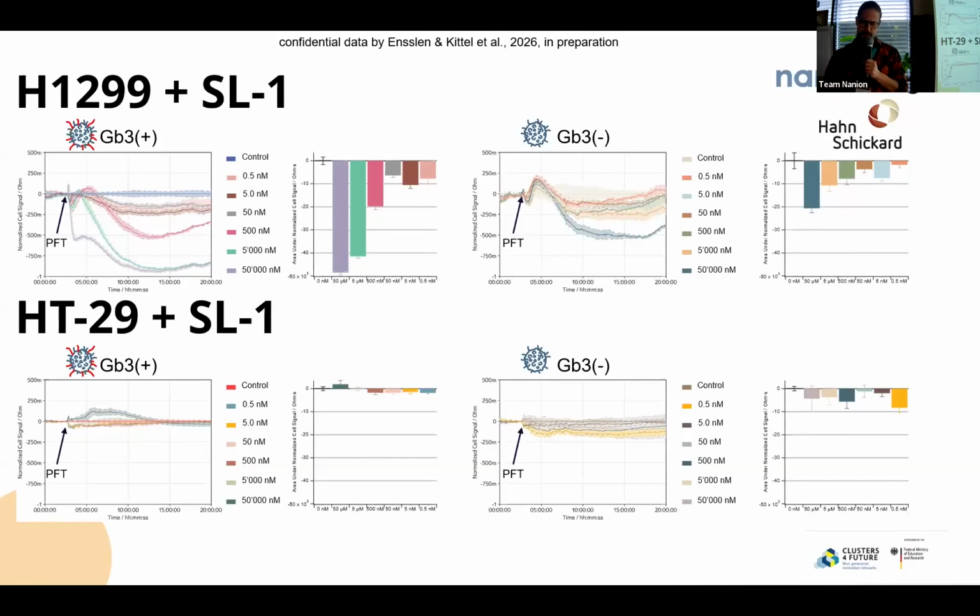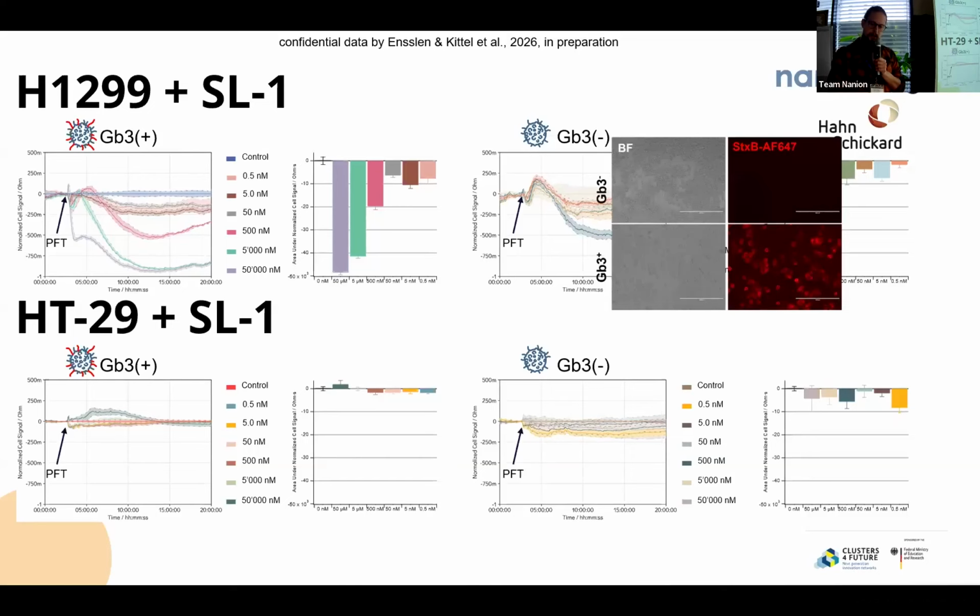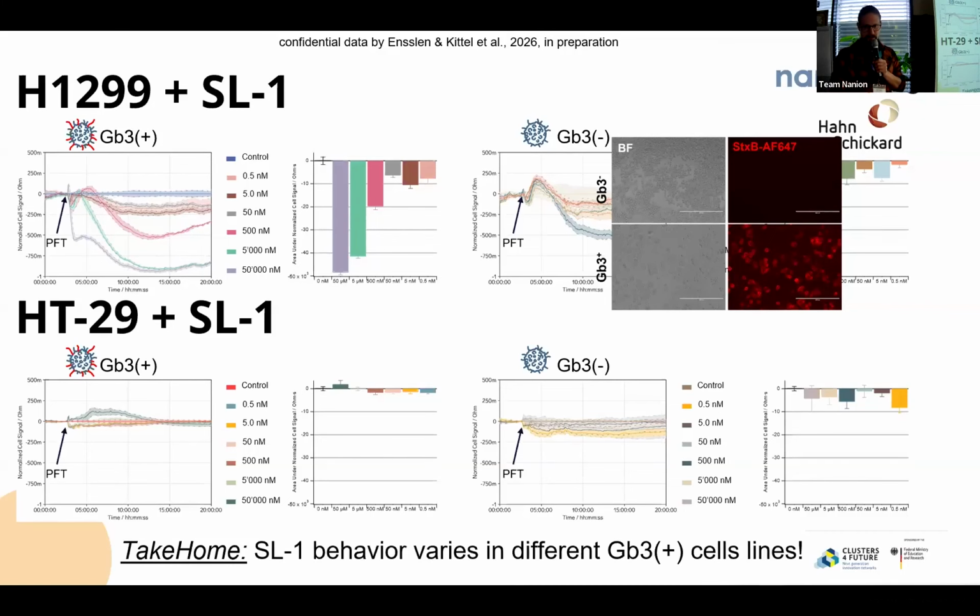And this is something very surprising. We are still trying to figure out what is going on here. Excuse me, but the bottom line is actually that Sorrel acts on different cell lines really differently. And yeah, for sure, we also checked whether we have indeed GB3 on these cells, and yes, they are positive, but Sorrel doesn't recognize it.